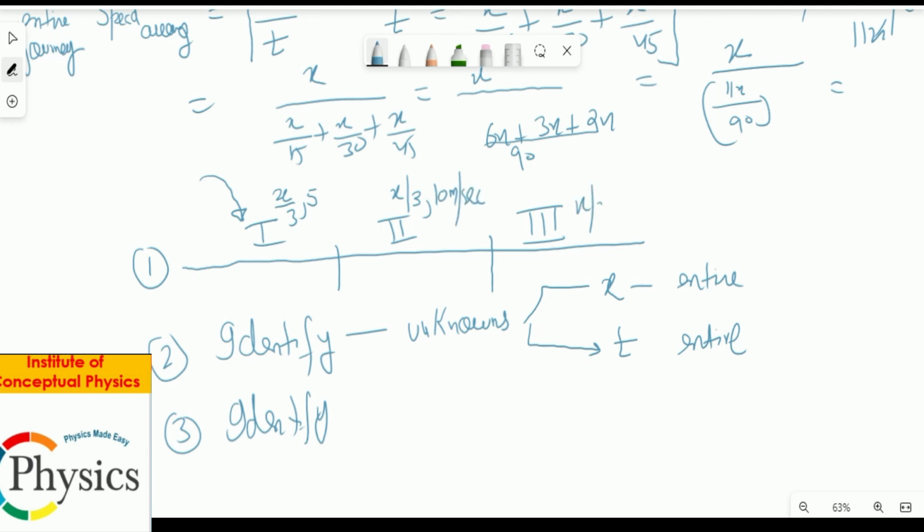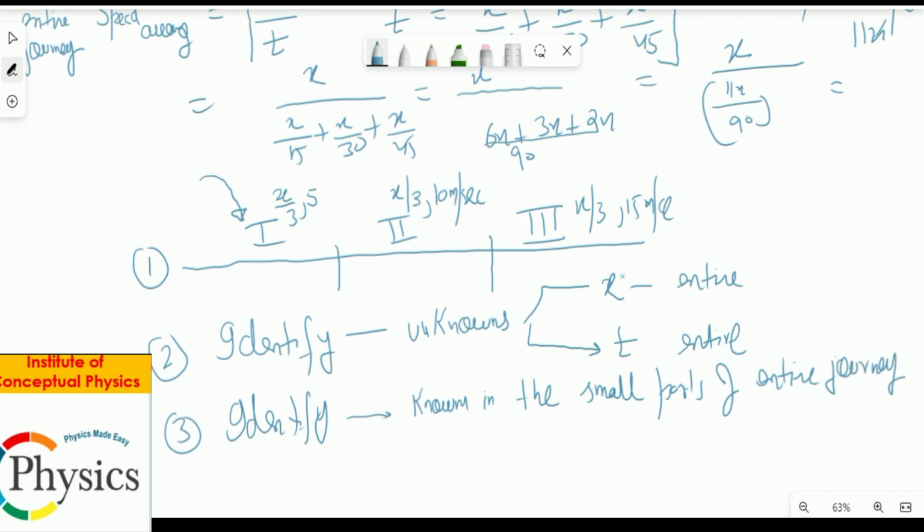The distance of the third part is also given. All were equal, 1/3, and the speed is also given. So identify the knowns in the small parts of the entire journey. This is what you need to do.